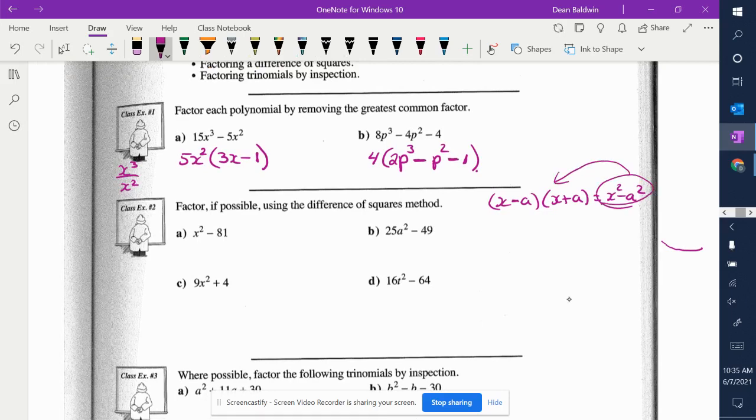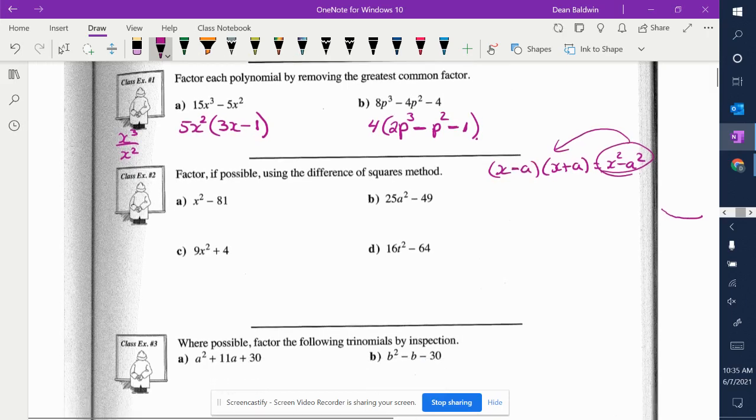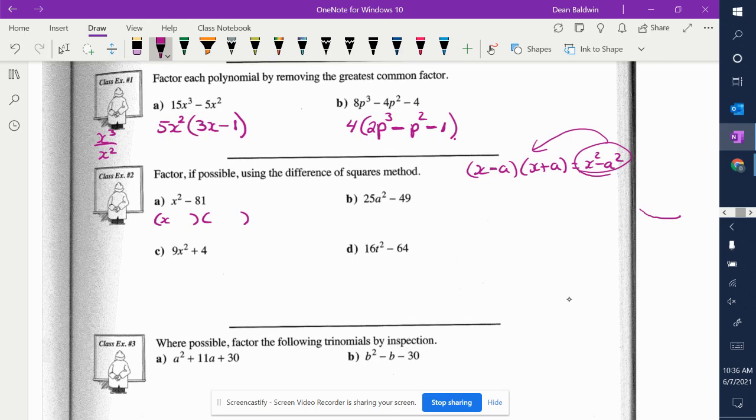So you see two terms, separated by a subtraction sign. I want to make two sets of brackets. What am I going to write in the first of each bracket? What's going to multiply to give me x squared? X. So we get x and x.